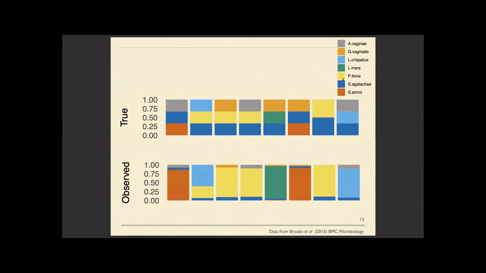So we can very quickly see that something's going on in our observed data that makes it not representative of the abundances of the taxa that are present in the community. We tend to be able to see who is there, but we are way off in terms of determining their relative abundances. So this is an accuracy issue of sample relative abundance profiles for true relative abundance.